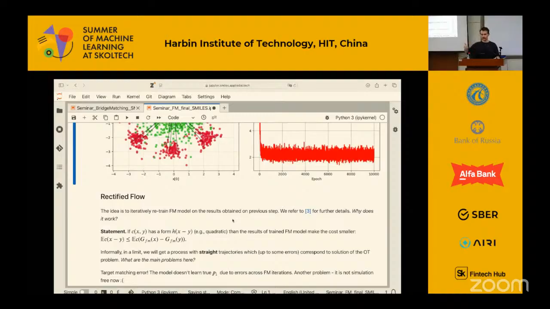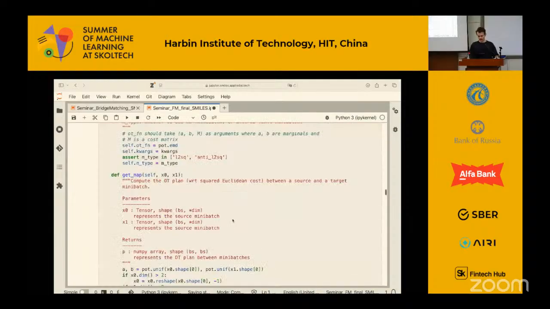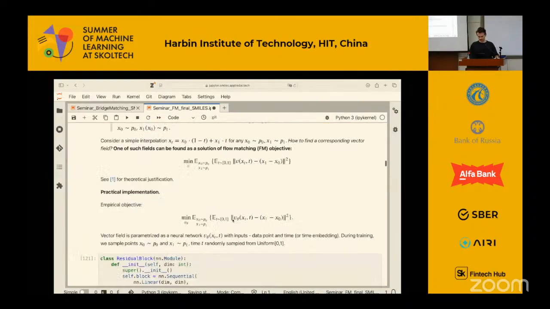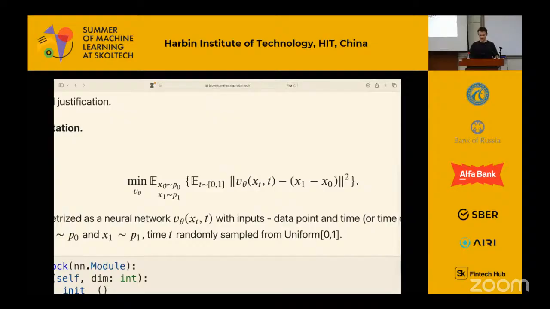So basically, before that, how have you trained your flow matching? By optimizing this loss, yes? And you had this distribution here, x0 and x1. And now this distribution is substituted by the distribution of generation from the already trained flow matching.